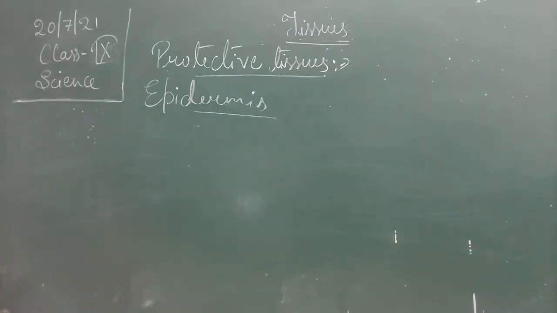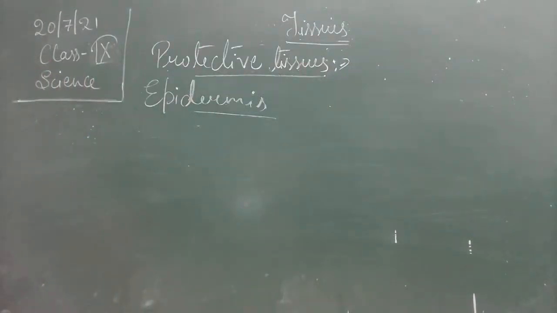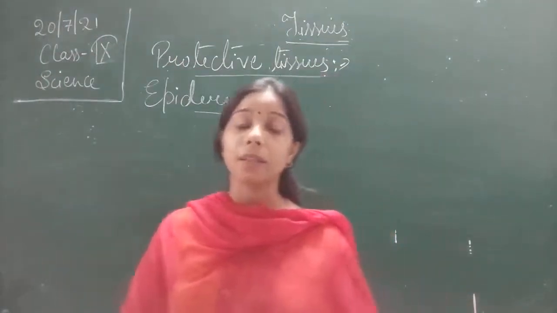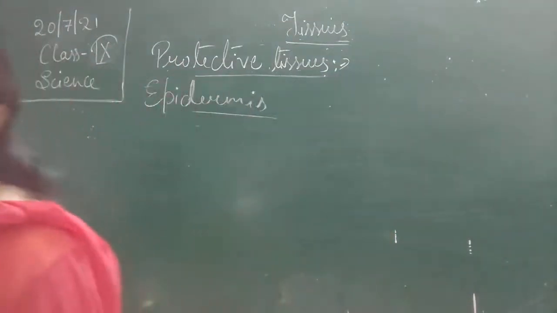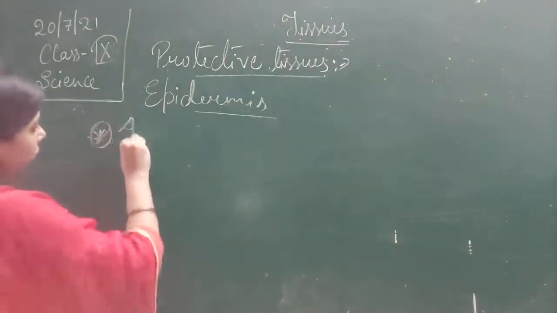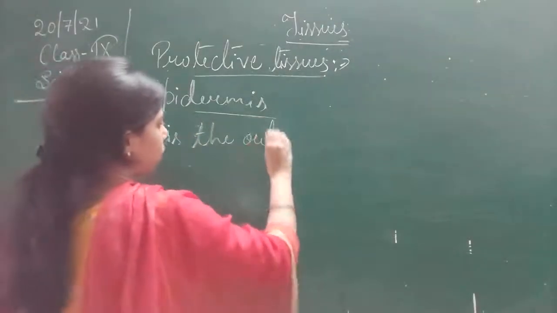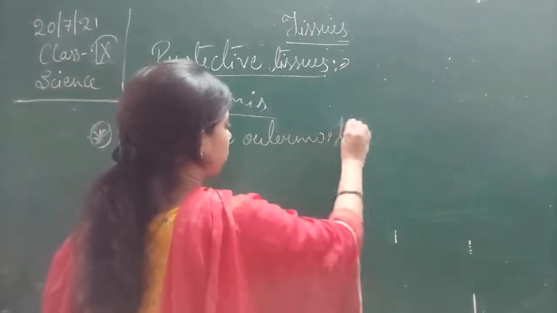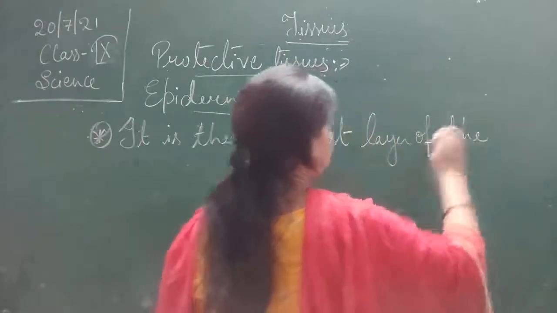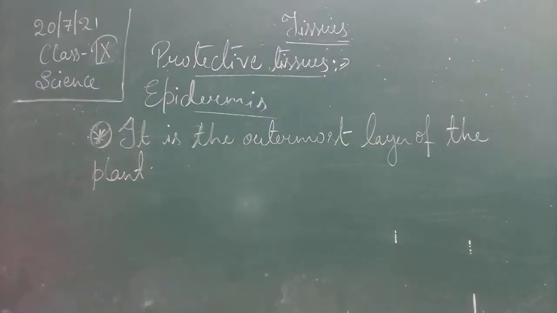It is the outermost layer of the plant, the aerial part, a continuous layer that helps in the protection of the plant.